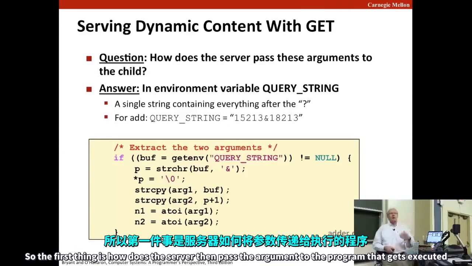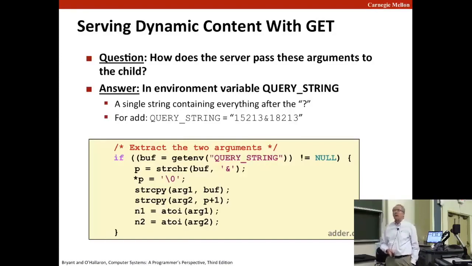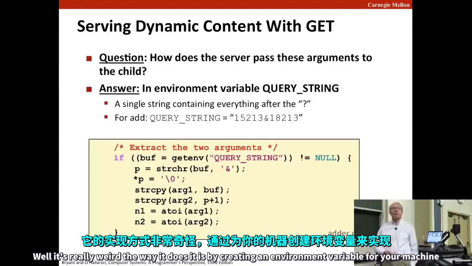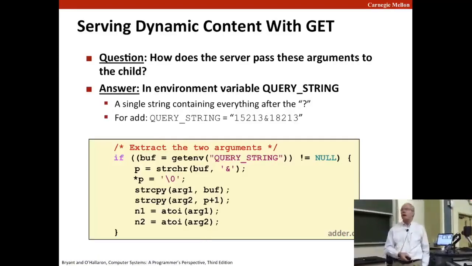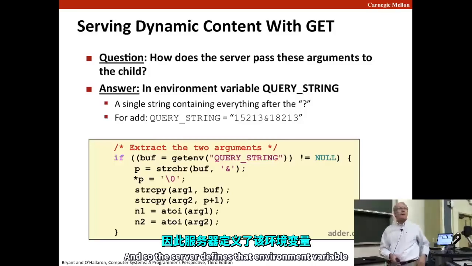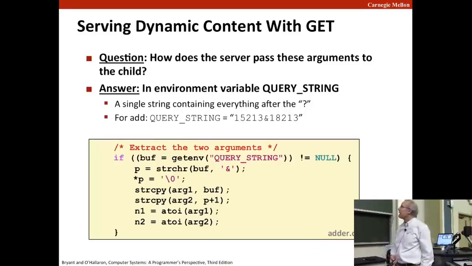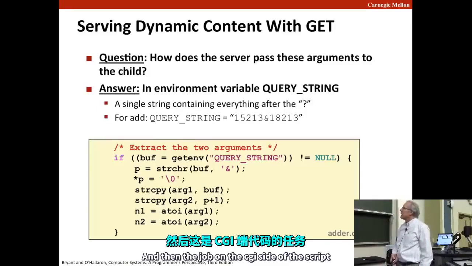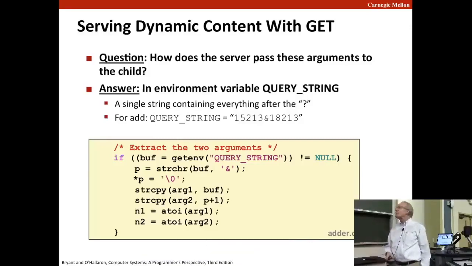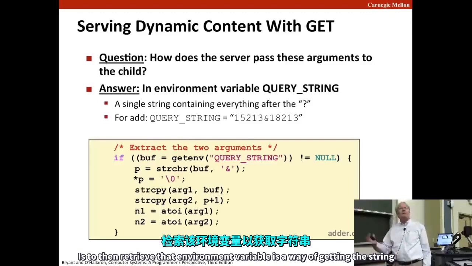So the first thing is, how does the server pass the argument to the program that gets executed? Well, it's really weird. The way it does it is by creating an environment variable for your machine called QUERY_STRING. The server defines that environment variable, and then the job on the CGI side of the script is to retrieve that environment variable as a way of getting the string.